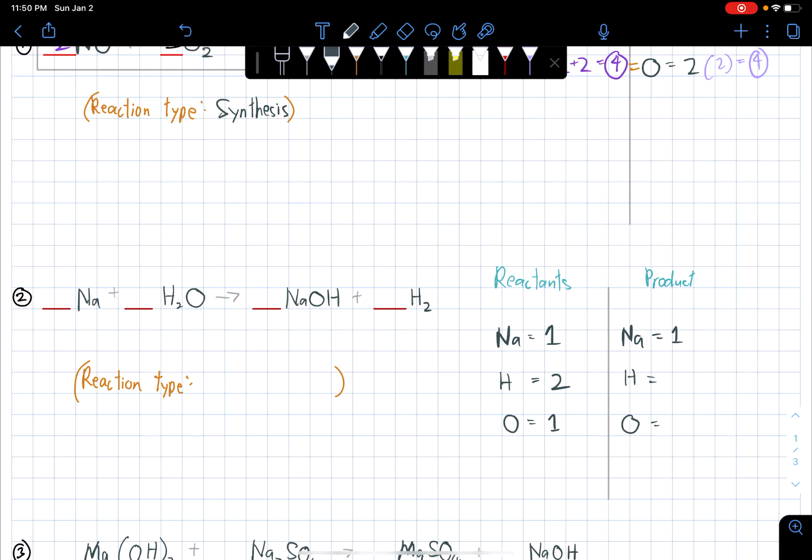For sodium, we still have 1. We have OH. Hydrogen is 3. We combine 1 and 2, and we have 1 oxygen. In that case, we'll have to balance hydrogen because they're the only ones that aren't equal.